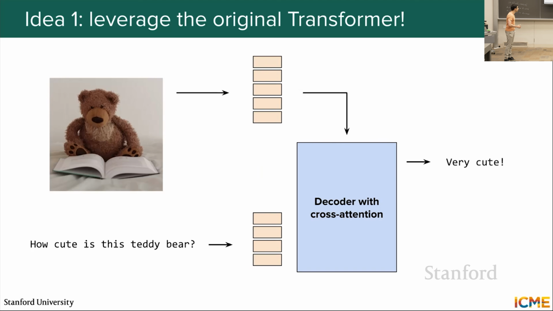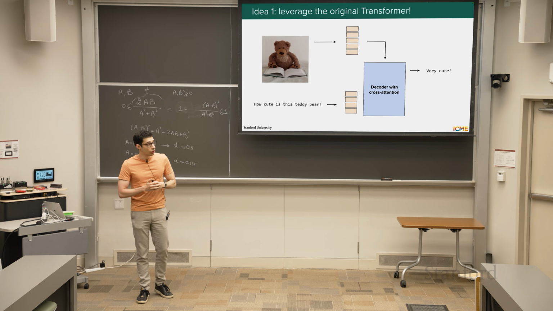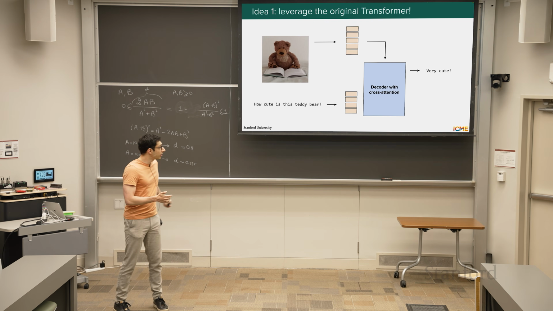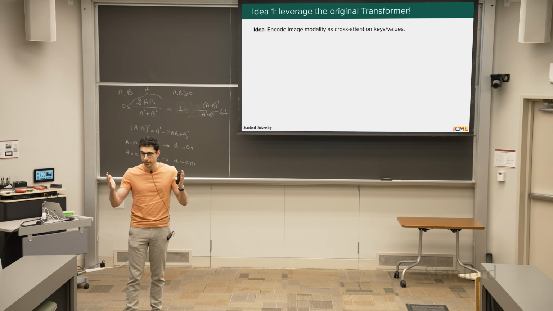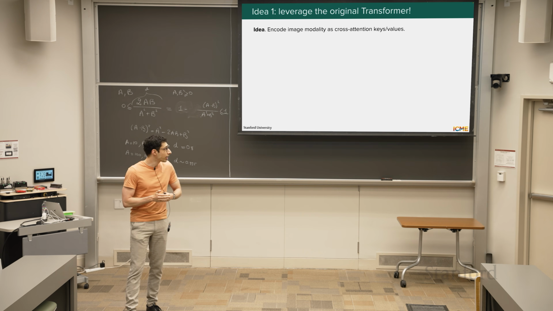So you use text tokens as input of your decoder, and then you keep this cross-attention mechanism in order to make it interact with encoded images. This is something that people have done because it's a very natural thing to do, and it's also quite efficient computationally because you leverage a fixed context length only composed of text, and then you make it interact with images.